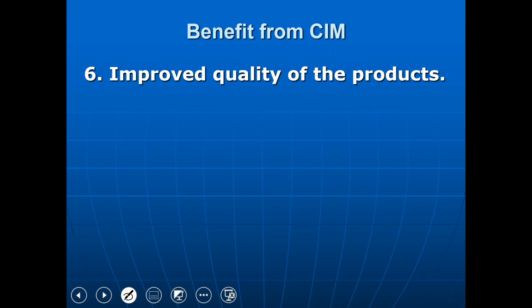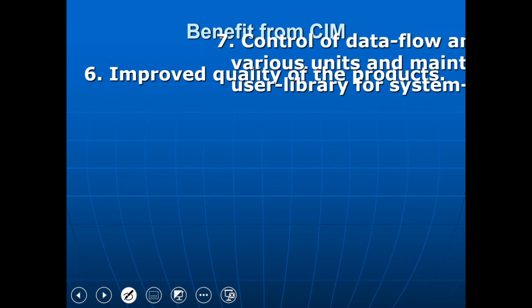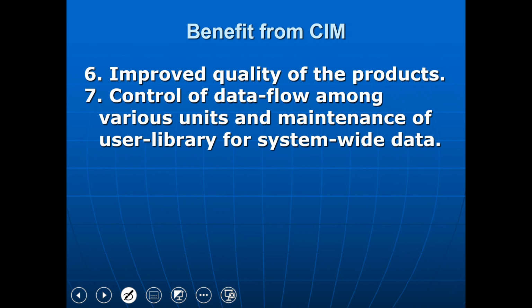So workpiece setting is very vital and particular for the CNC machine. So when we use CIM, this is very good, because we can improve the quality of the product itself. And then we can control the data flow among the various units and maintain a user library for system-wide data.